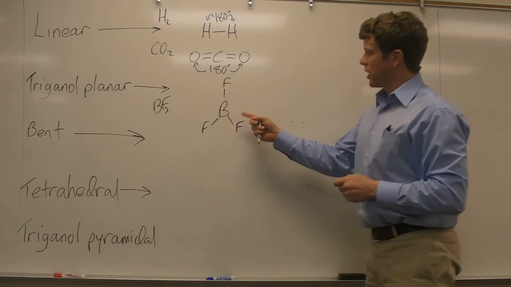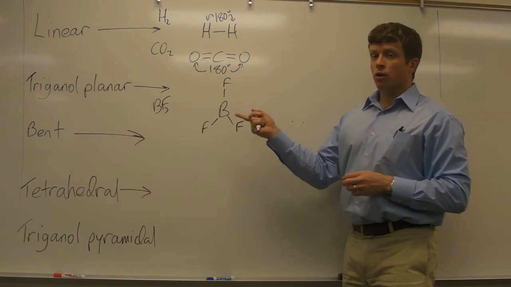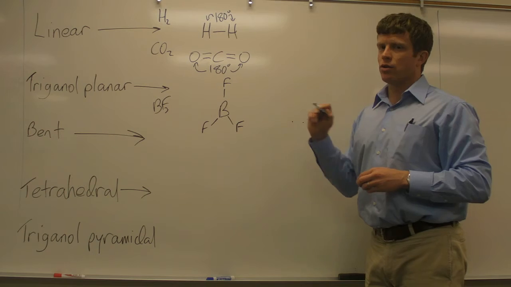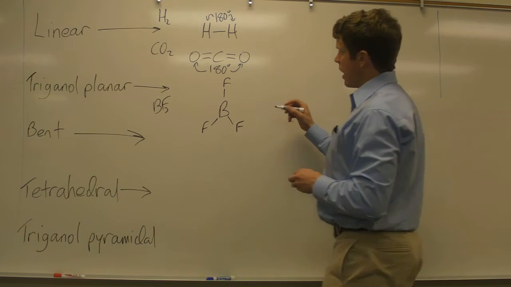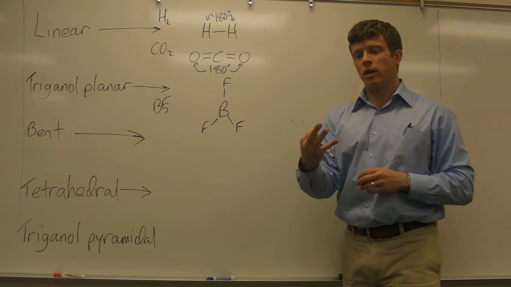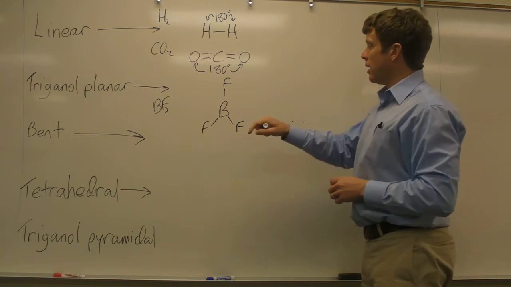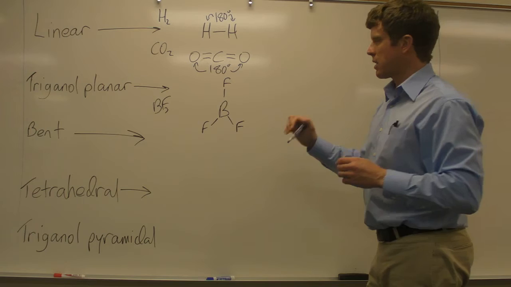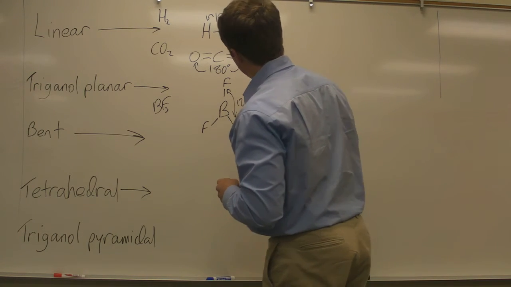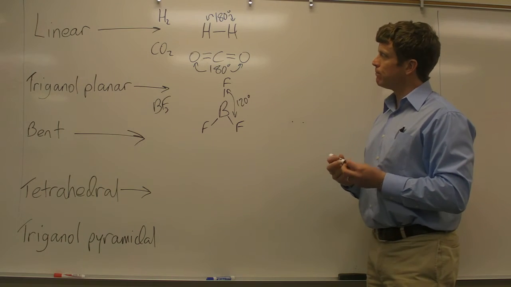So this would arrange this way. This one's a peculiar example because there are only 6 electrons around boron. But that's the arrangement that it makes. It only had 3 to start with, so it can only make 3 covalent bonds. So this is a rare example, but it does exist. And in this case, the bond angle would be 120.